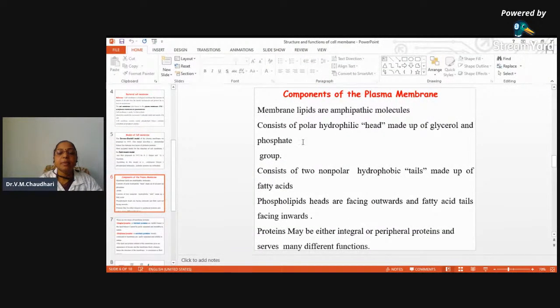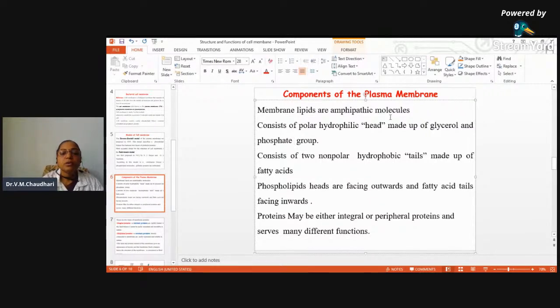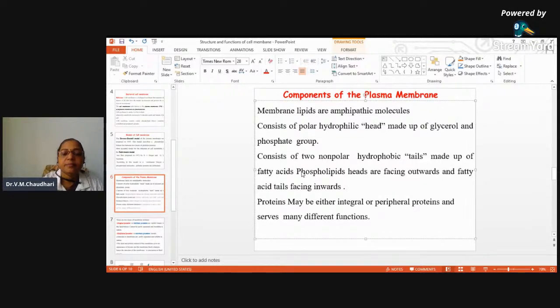The head is made up of hydrophilic molecules, that is glycerol and phosphate group. And it consists of a non-polar hydrophobic tail. हेडला टेल जॉईन झालेली असते, that tail is made up of fatty acids. The phospholipid heads are facing outwards and fatty acid tails are facing inward.